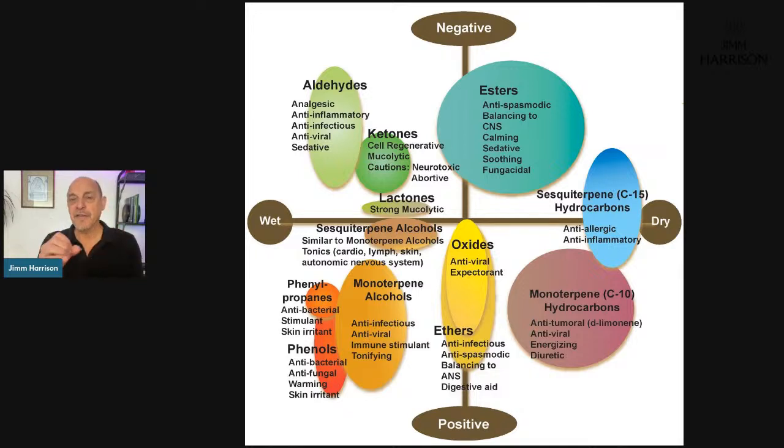Now, the methyl salicylate is in the ester group. I talked to you already about the two foundational compounds, phenylpropanoids and terpenes. In the ester group, those really are defined as the terpenoid compounds.